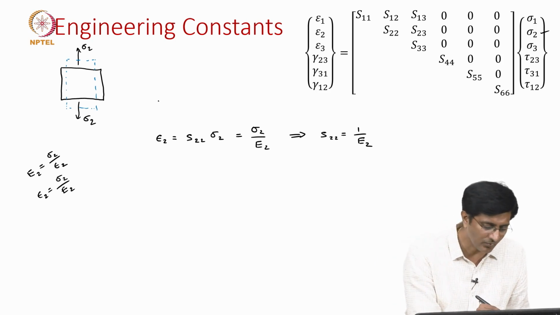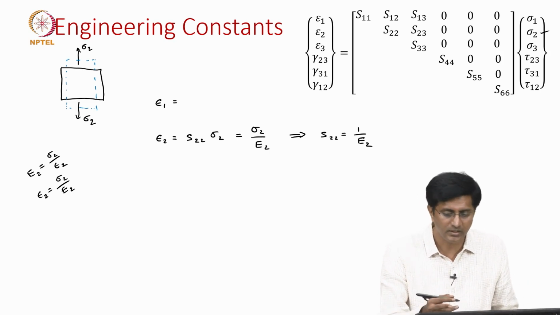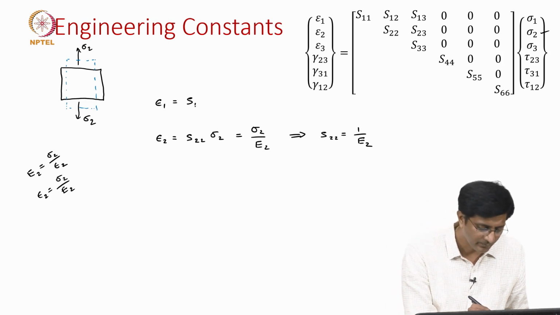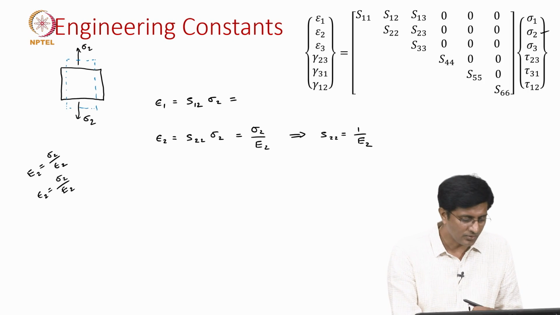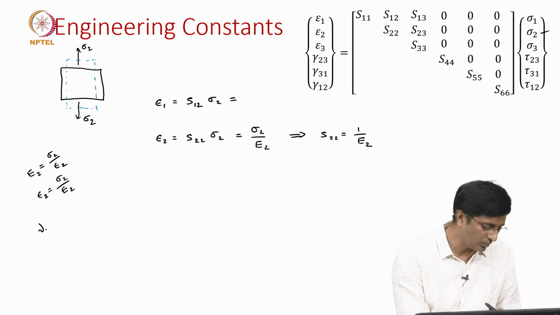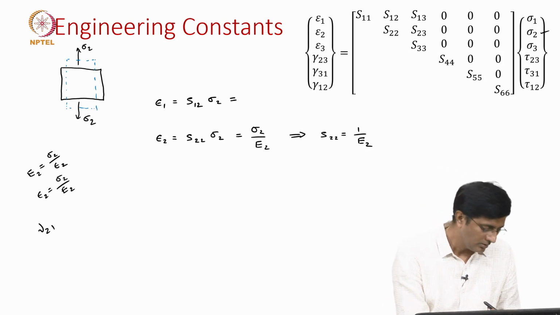Now let us look at epsilon 1, or the strain in direction 1 because of applied load sigma 2. How do we find that? Here we write it in terms of S12 times sigma 2. From the Poisson definition, we bring in nu 21, meaning the loading is in direction 2. This is minus epsilon 1 by epsilon 2.